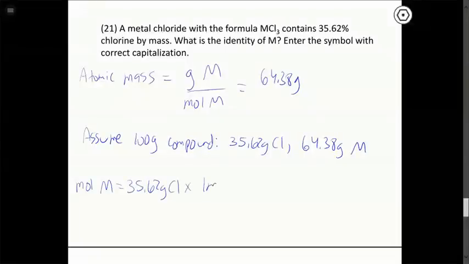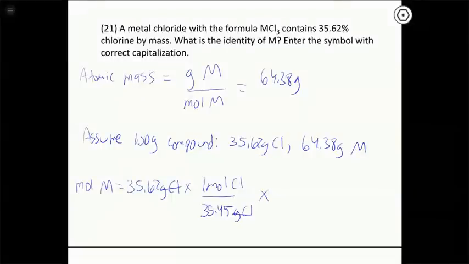The atomic mass of chlorine is 35.45 from the periodic table. That's a known element, so we can find its atomic mass from the periodic table. And then we also have a relationship between the moles of chlorine and the moles of the metal, because we know the formula is MCl3, which means that for every 3 moles of chlorine we have 1 mole of metal, or for every 1 mole of metal we have 3 moles of chlorine.